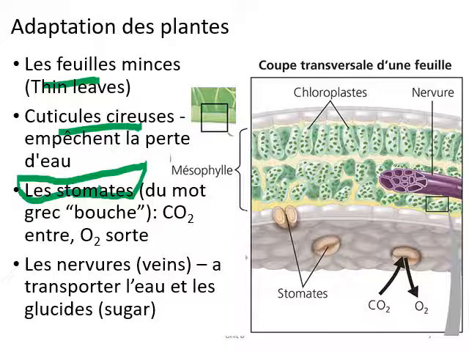Or in English, I would call it stomata. This is on the lower side of the leaf, the underside. They open to let in carbon dioxide, and they release oxygen.